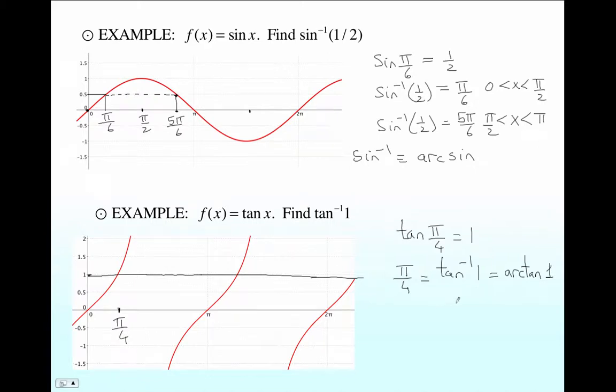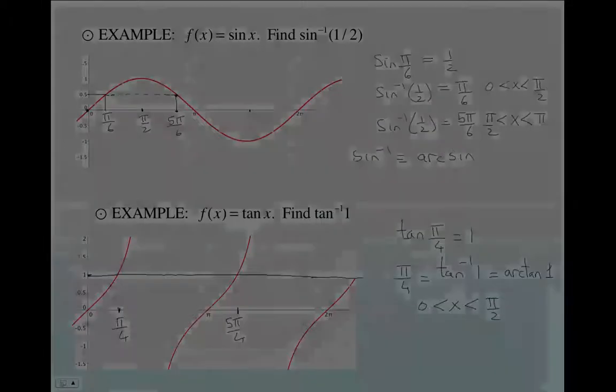But that's true only if the values of x are restricted to being between 0 and pi by 2, and so forth. You can see that there's another value here. That value is 5 pi by 4, and so forth. So again, there are an infinite number of places where the tangent is 1.